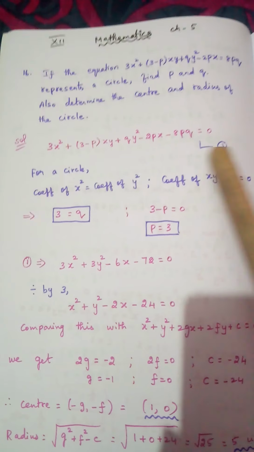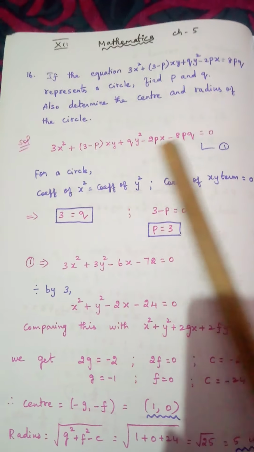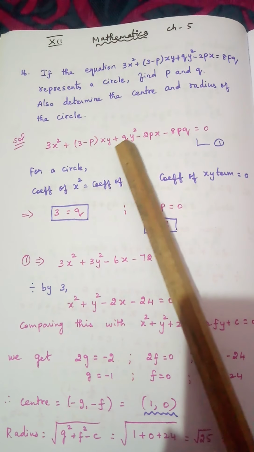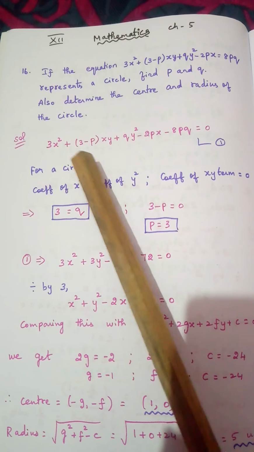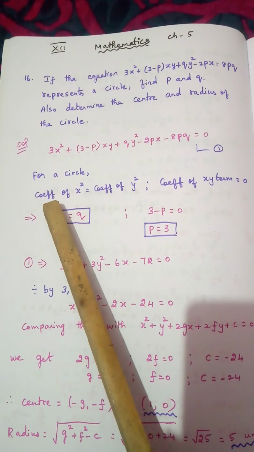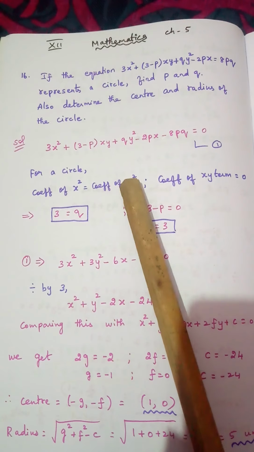So in this problem, first we are writing the given equation here, and we should know the condition for an equation to represent a circle. That is what I have written in the next line. For a circle, these are the two conditions. First one is coefficient of x square will be equal to coefficient of y square.